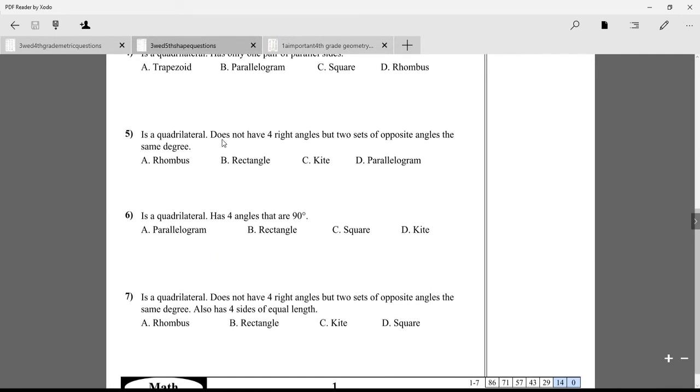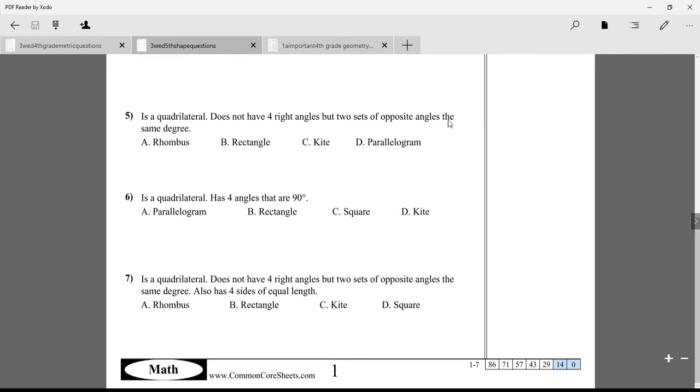"Is a quadrilateral, does not have four right angles, but has two sets of opposite angles the same degree." So we can take a rectangle out of there because that does have four right angles. A kite only has one set of opposite angles that are equivalent. So rectangle and kite cannot be right. Then we have a parallelogram and a rhombus, right?